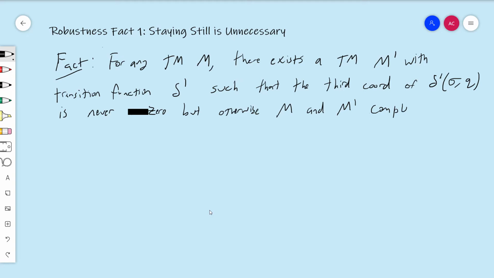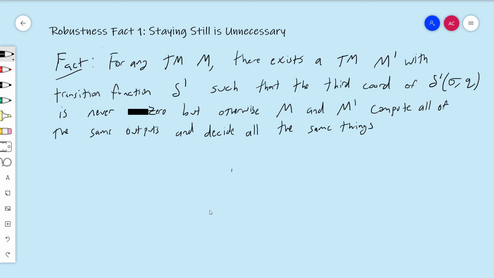They compute all of the same outputs and decide all the same things. So if M halts in a yes state, then M prime will also halt in a yes state.